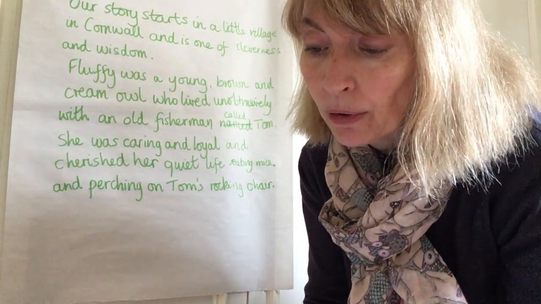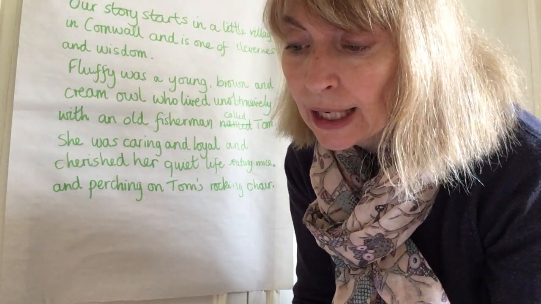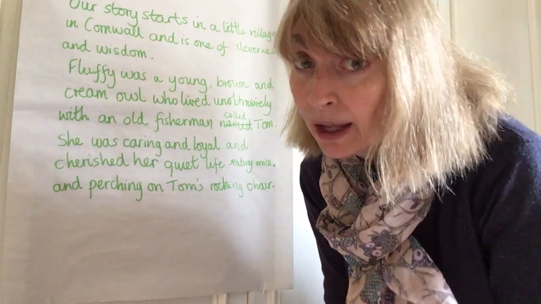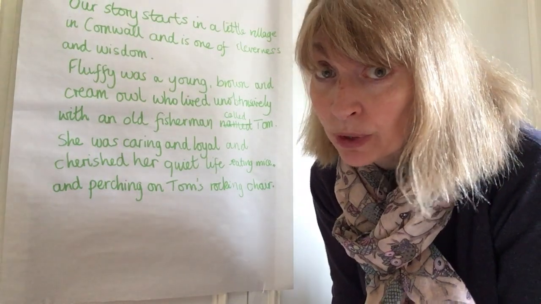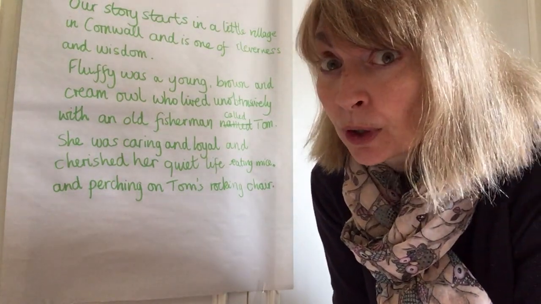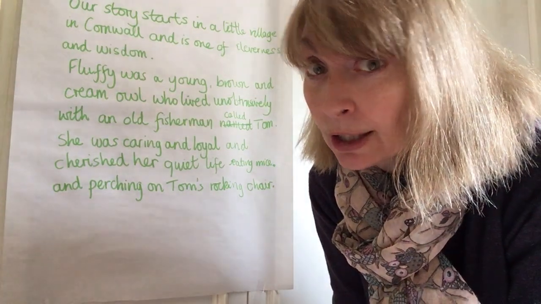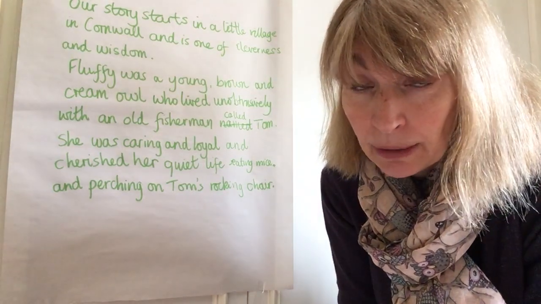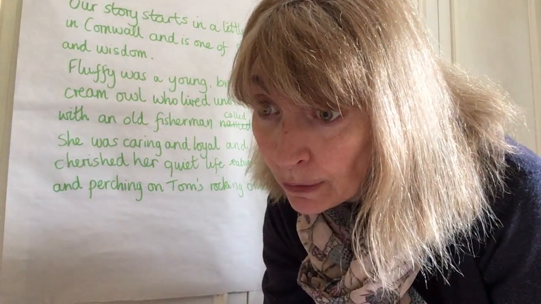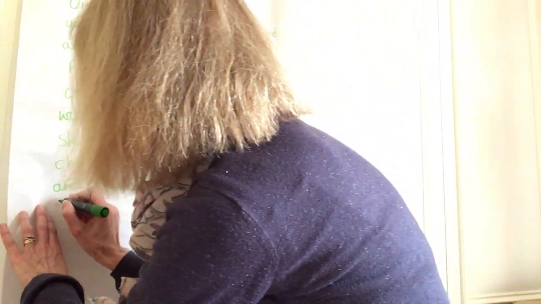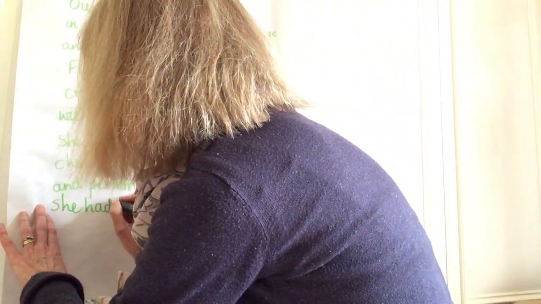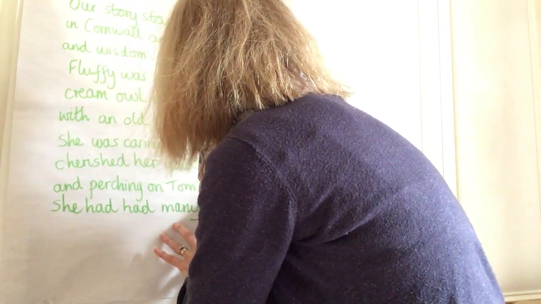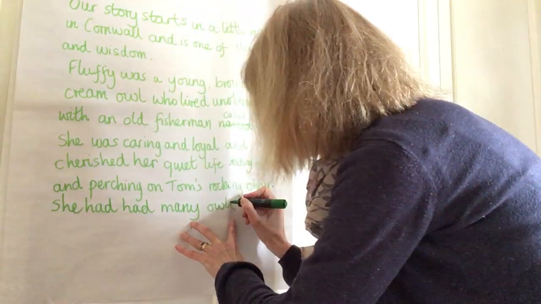All right, the next part that we've got is about Mowzer. She had had many kittens in her time, but they were grown up and gone. Now, owls don't have kittens. Owls have owlets. Now, if you've chosen an animal and you don't know what its babies are called, you're going to have to search that up. So hopefully you might do. But owls have owlets, baby owls. So I'm going to change that to she had had many owlets in her time.